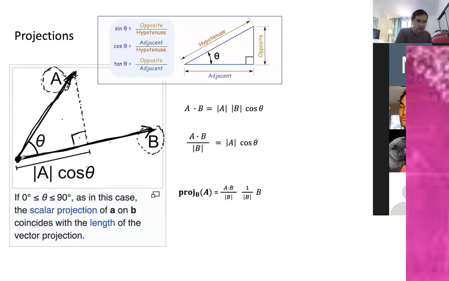And this is the new vector. The direction of this new vector is exactly the same as the vector B. However, this vector might be a little bit shorter or a little bit longer, depending on the context, but the direction will always be the same as the vector B.